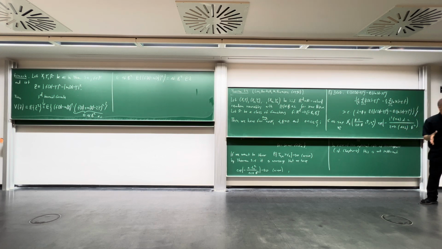Then I will use the symmetrization as before, introduce random signs.